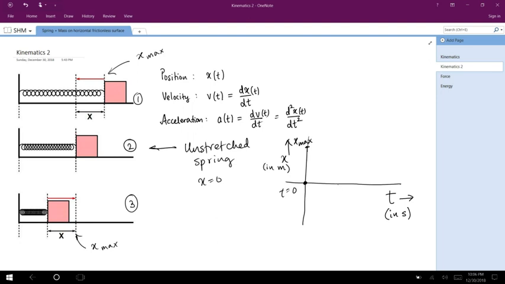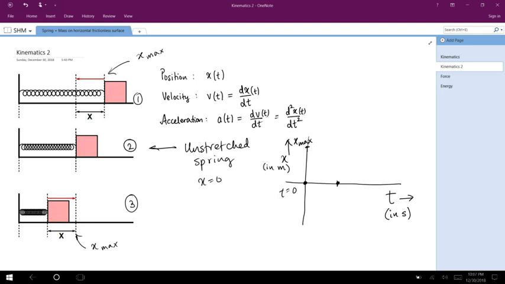After a certain amount of time elapsed, the block comes back to the position where the spring is unstretched, position number 2. So that's over here. This is where the block's displacement is 0 relative to the position for unstretched spring.